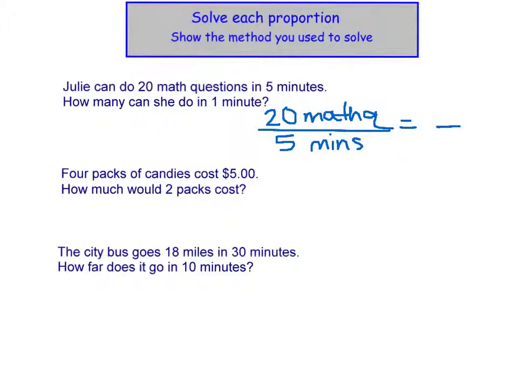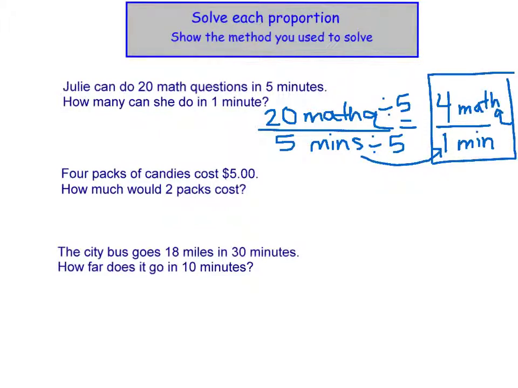So how many questions would I solve in 1 minute if I'm doing them at a rate of 20 questions per 5 minutes? To get us to our unit rate, we're going to divide both the numerator and denominator by 5 because that's how we get to 1. So 20 divided by 5 gives us 4. So we can solve 4 math questions per each minute.